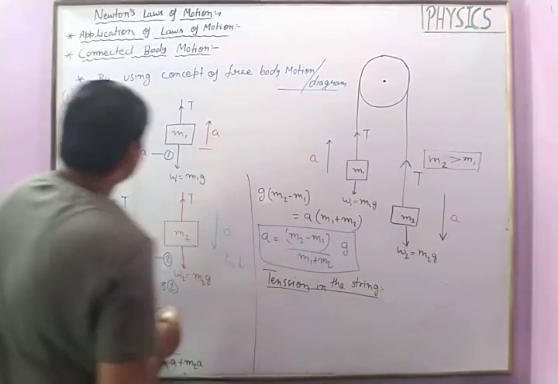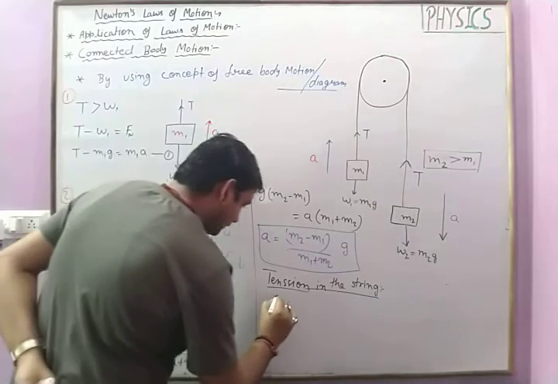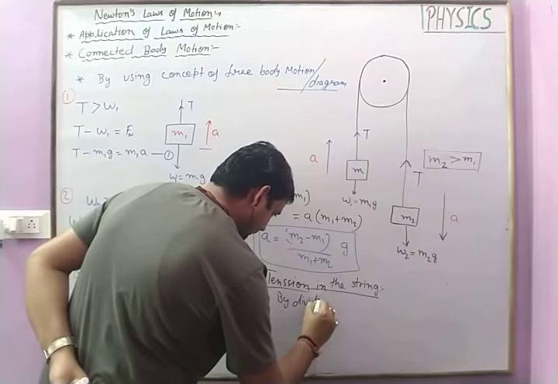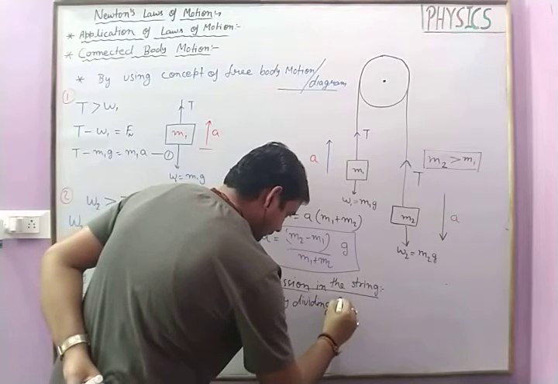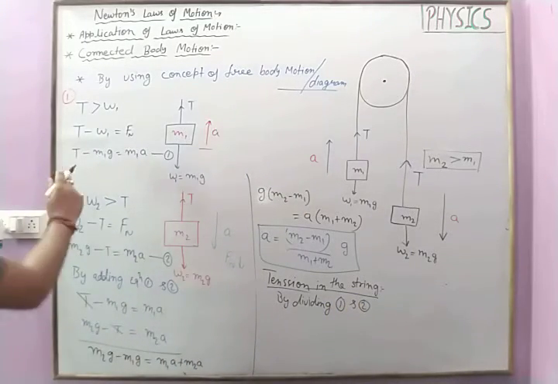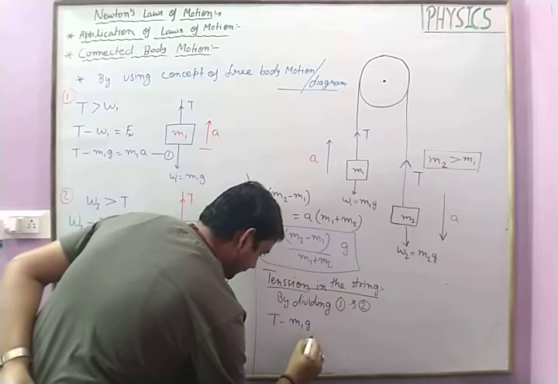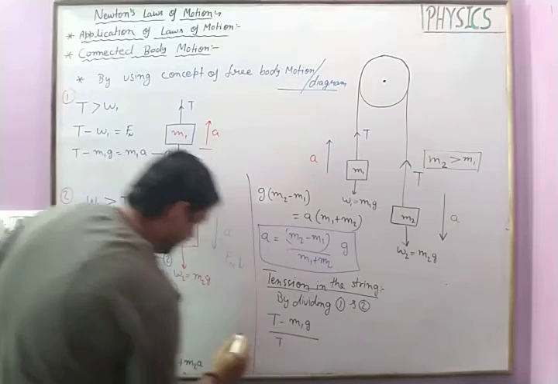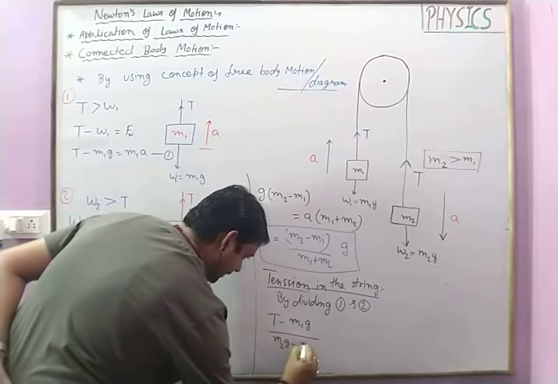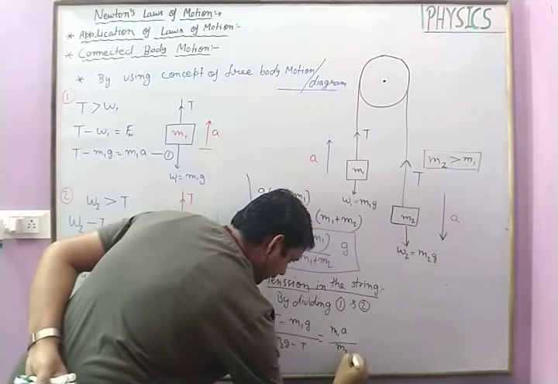Okay, by dividing first and second equation, we get (T minus m1g) upon (m2g minus T) is equal to m1a upon m2a.